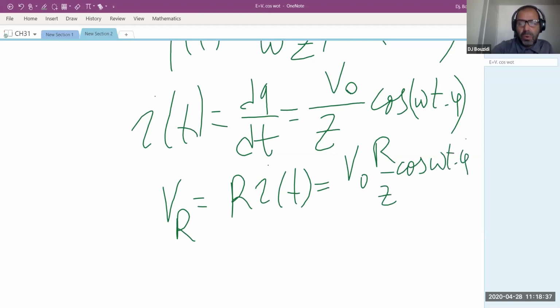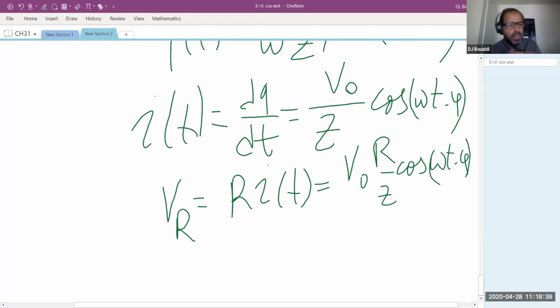And that was one of the points in the lab that says that, hey, we're supposed to have the current, but we don't have the current since we have the V sub R, and we're looking just for the phase. The phase then of V sub R is exactly the phase of I sub t, because there is no phase shift. You just multiply the current by a number, by R, which was 5 ohms in the lab.